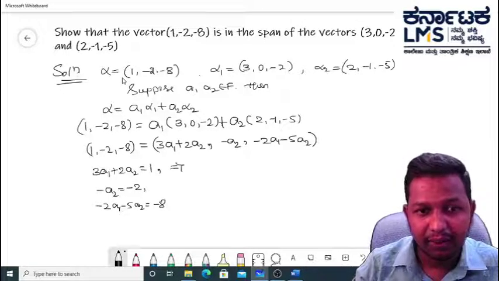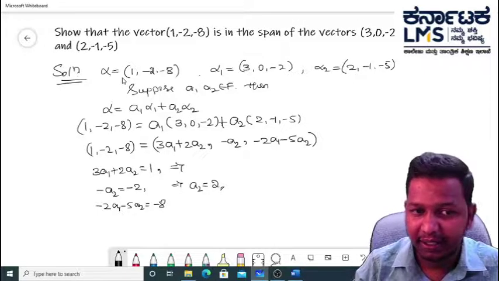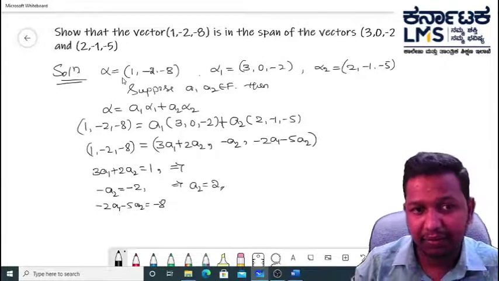From the second equation we have a2 equals 2.